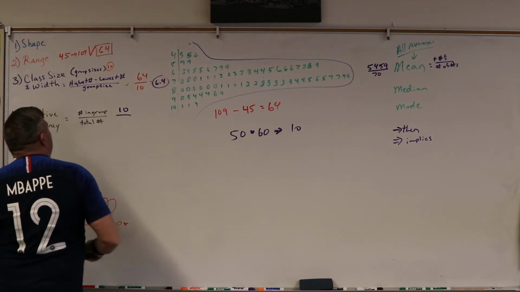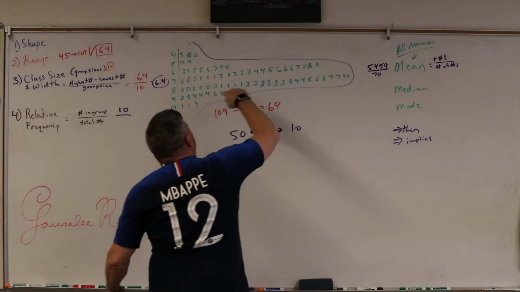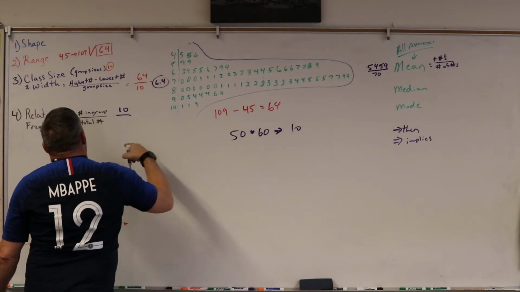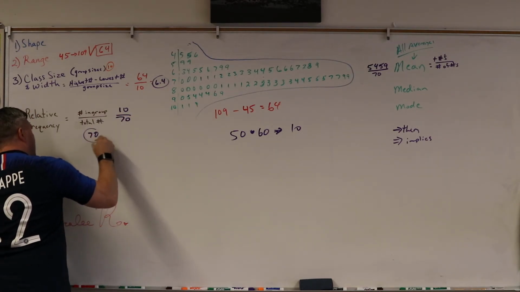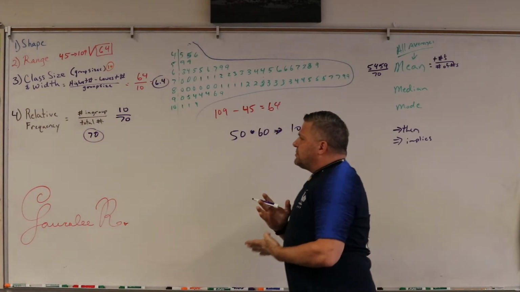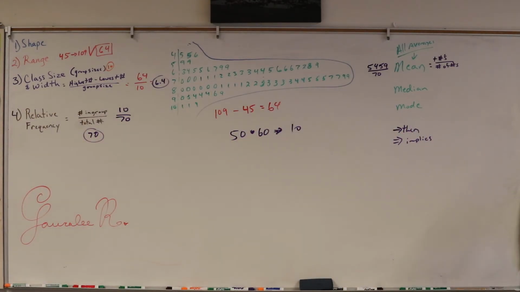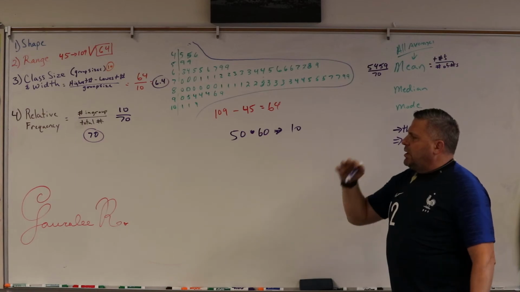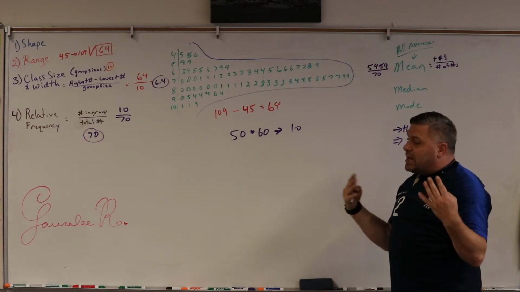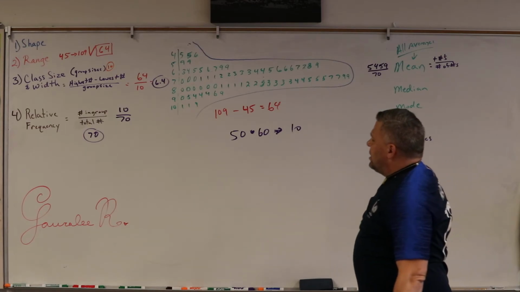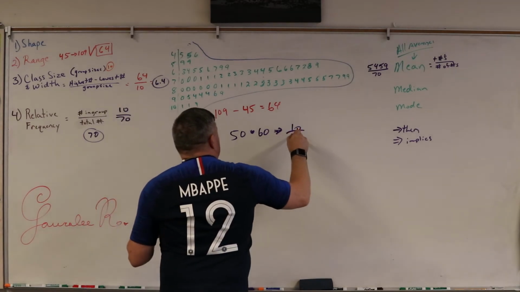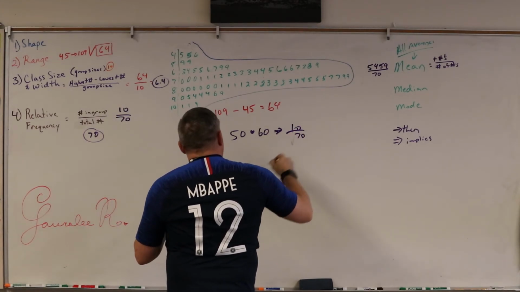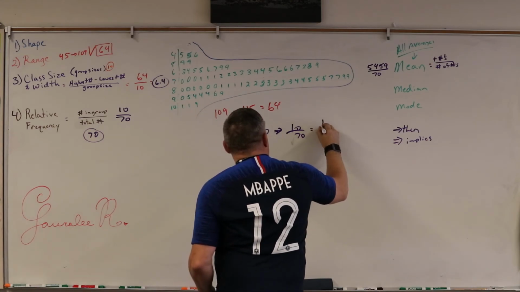But then what's the total number? You go through and add these all up, and we found that the total number was 70. That's a very important number to remember. When we deal with total number, we use that a lot. Relative frequency is relative to the group that you're talking about. So in this case, the relative frequency is 10 over 70, which is 1/7.